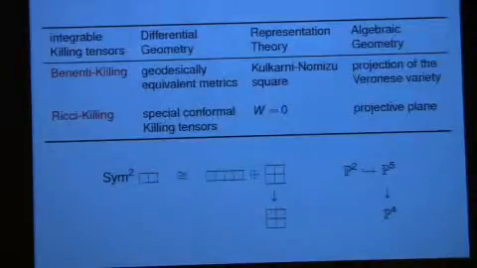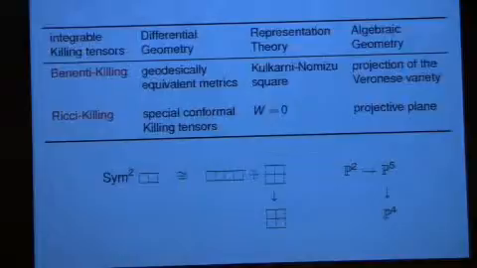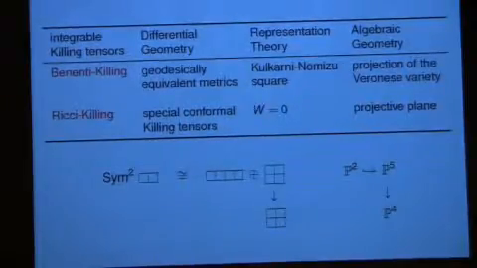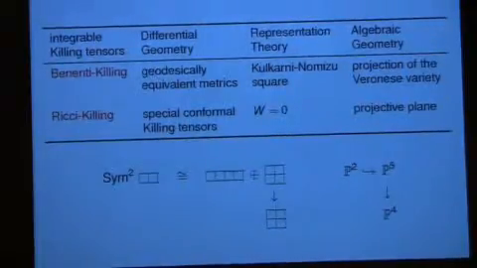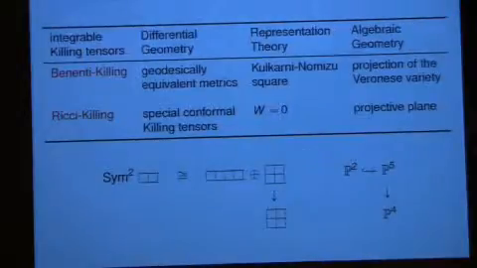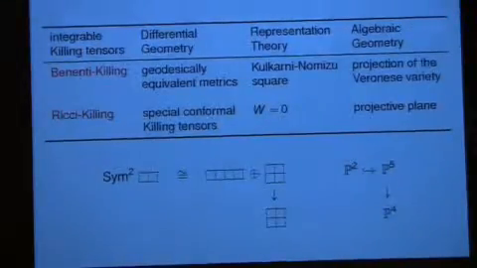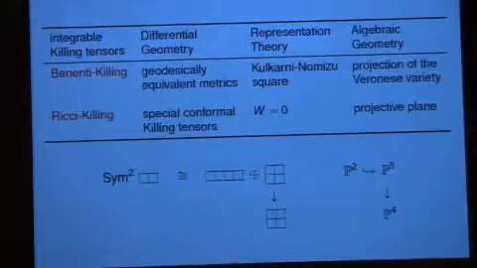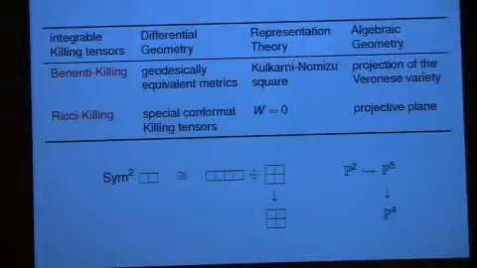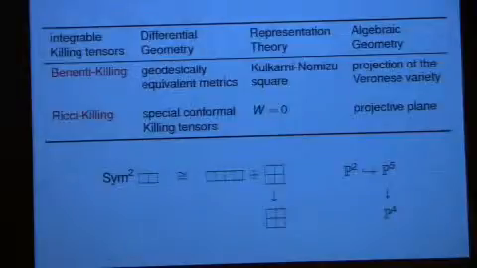And on the other hand, from the algebraic description, we easily see that curvature tensors with vanishing Weyl component are in fact integrable. I call them Ricci-Killing tensors. And from a representation theoretic argument, you see that these must be isomorphic to special conformal Killing tensors on the sphere. And from the perspective of algebraic geometry, this is just a projective plane on our variety.